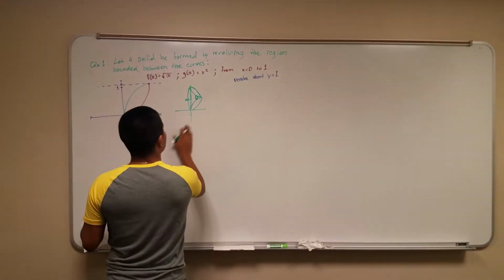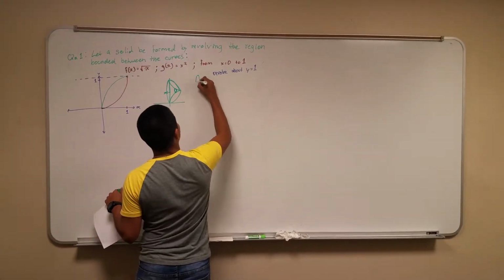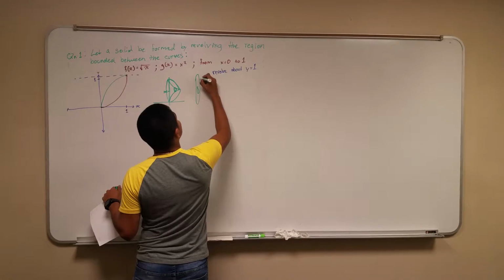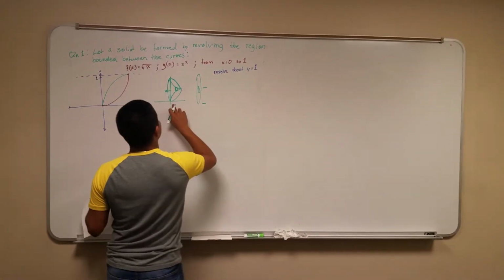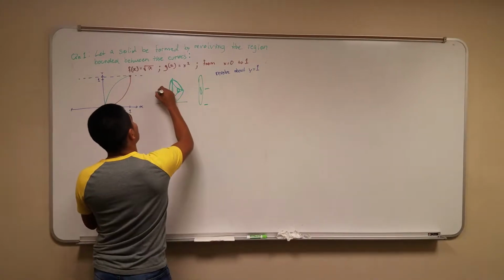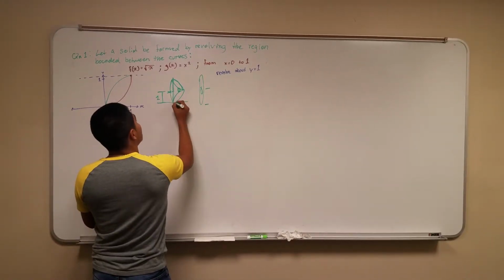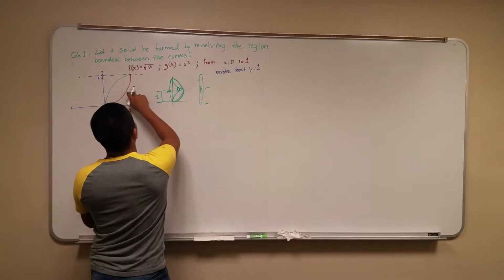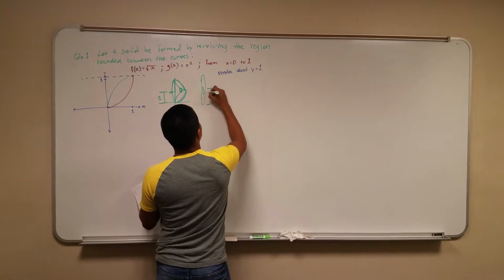And we can solve this by using the disk/washer method. Our outer radius is 1 minus that, because our big radius right here is just 1. But this is the outer radius right here, which is our g of x.